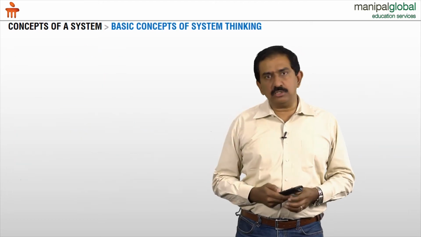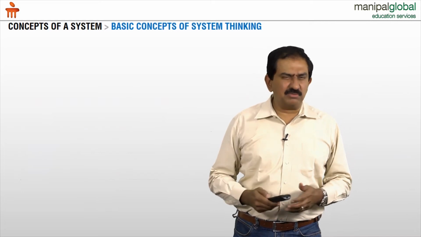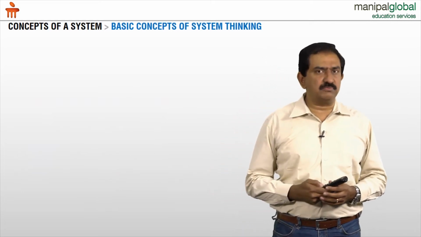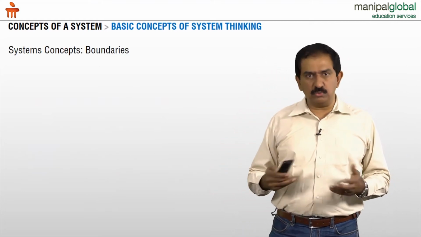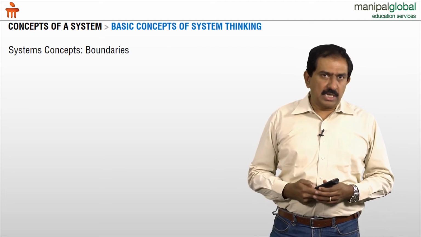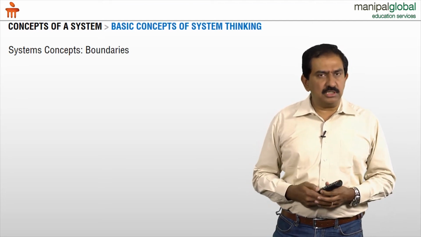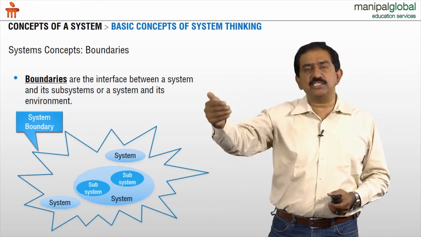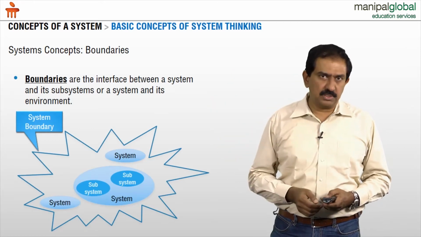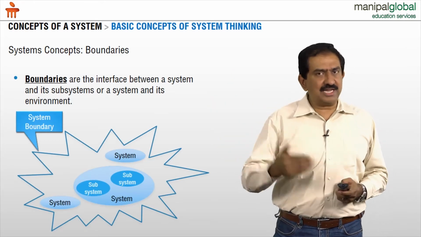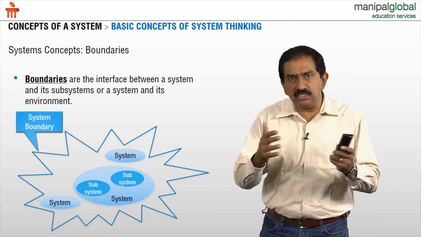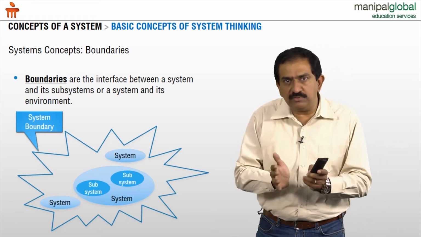The second concept of a system, an extremely important concept, is what's called the boundary. As we explained earlier, a system interacts with its environment. Now, if a system is to interact with its environment, you need to understand what the boundary of the system is.